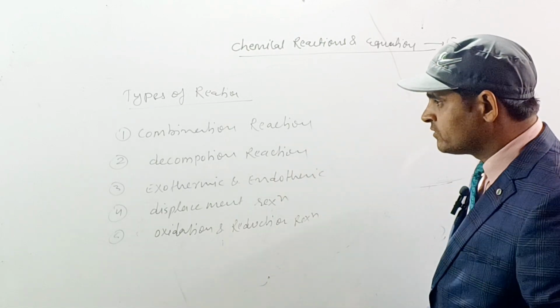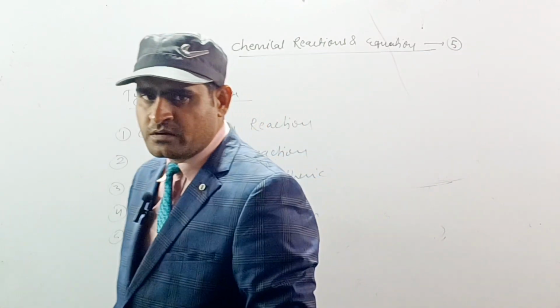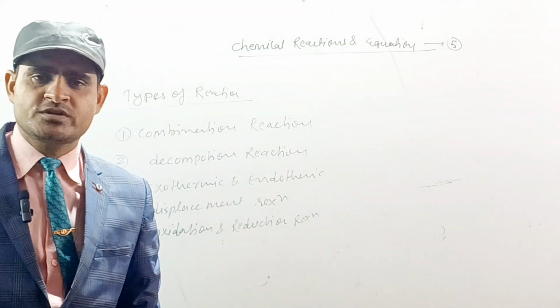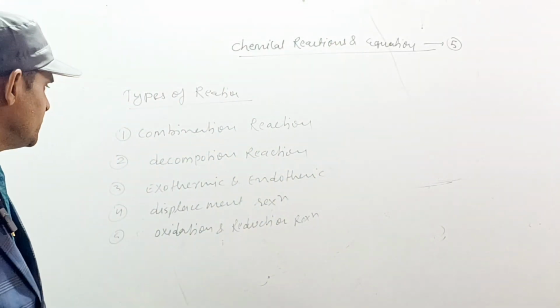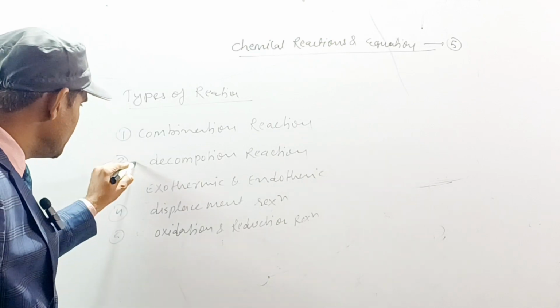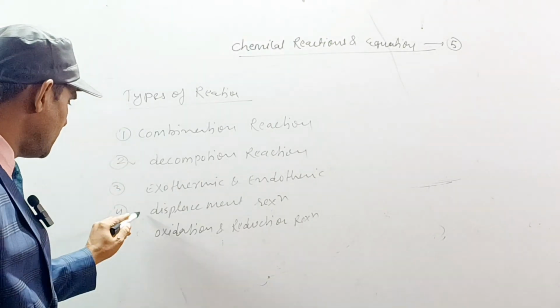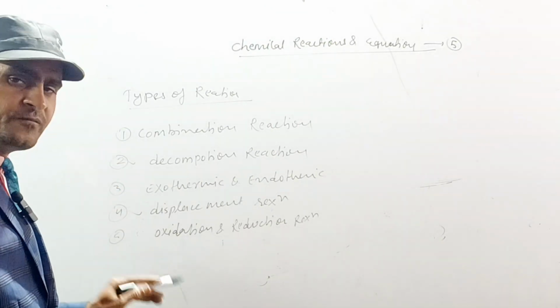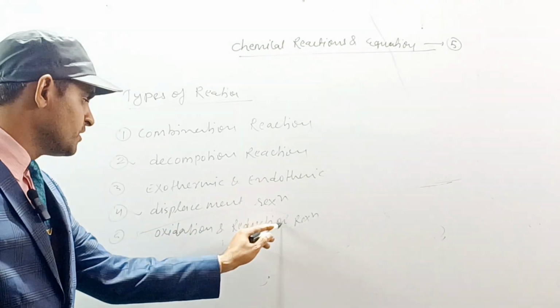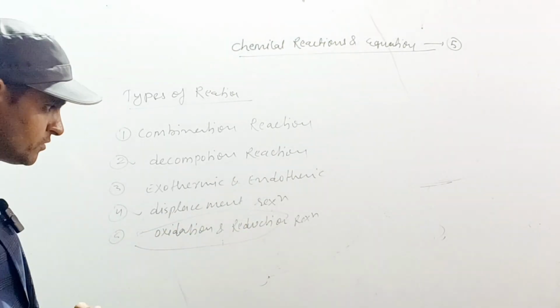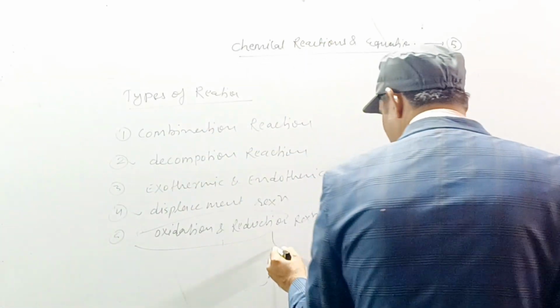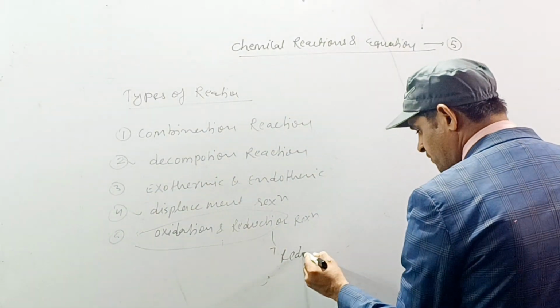These are the most important reactions, and they are very likely in the exam. And now the decomposition reaction, the displacement reaction, and the difference between oxidation and reduction reaction and the redox reaction. The redox reaction is a very important part.